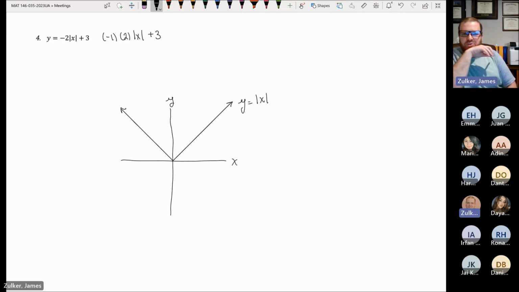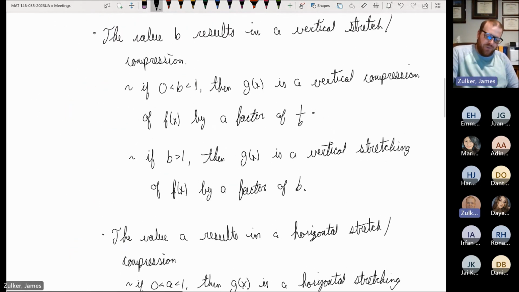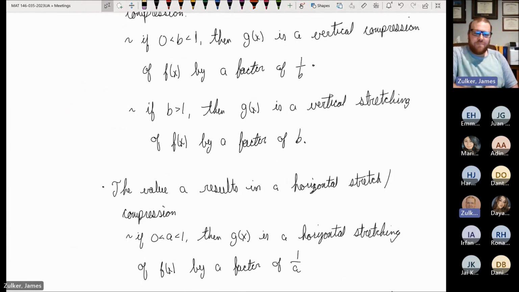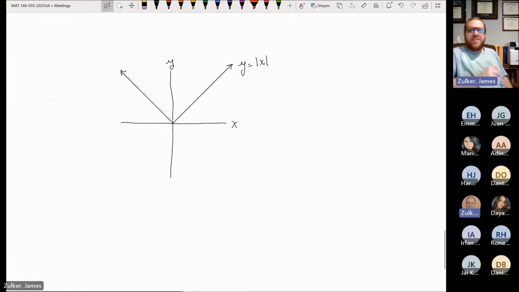In which case the B now is 2, so it's positive, and that negative tells us it's a reflection. That's why, remember when I was listing out the types, we only ever considered values of B or A that were positive. So here we have all 3 types.